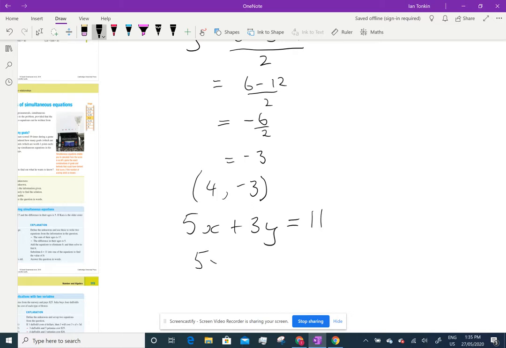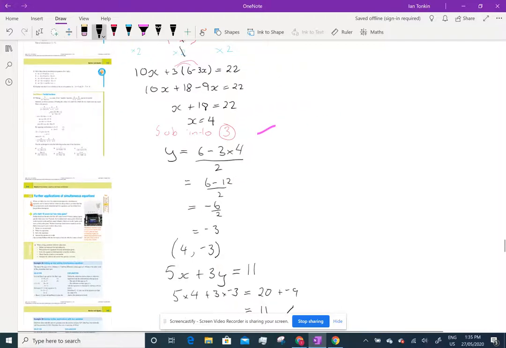So 5 times 4 plus 3 times negative 3. Well, 5 times 4 is 20. 3 times negative 3 is negative 9. 20 plus negative 9 is 11. It checks out. So that was a bit harder.